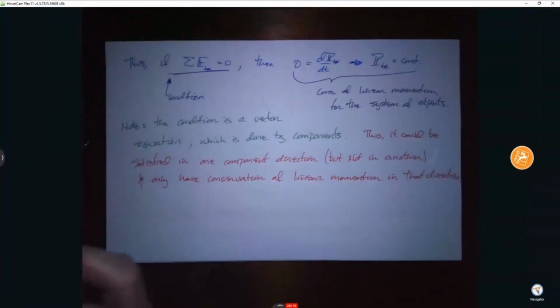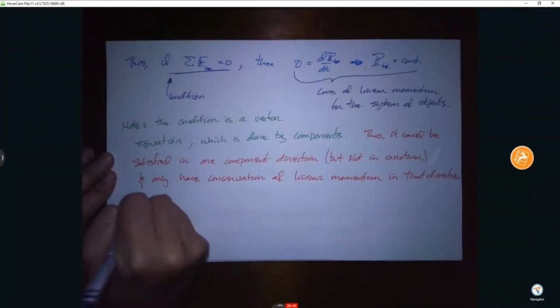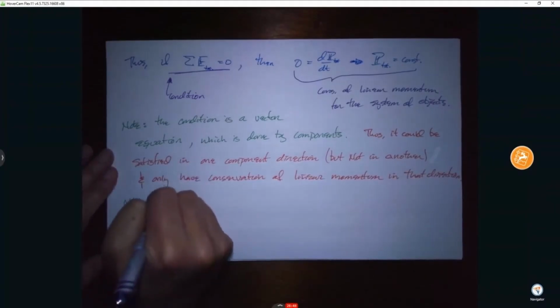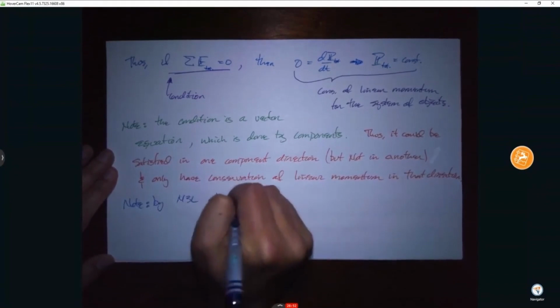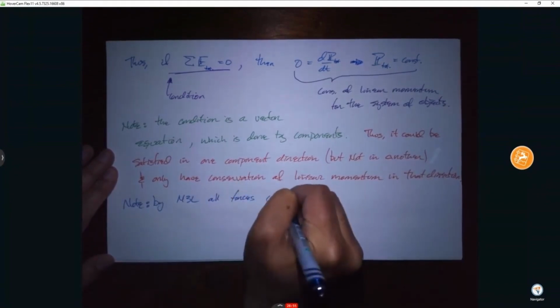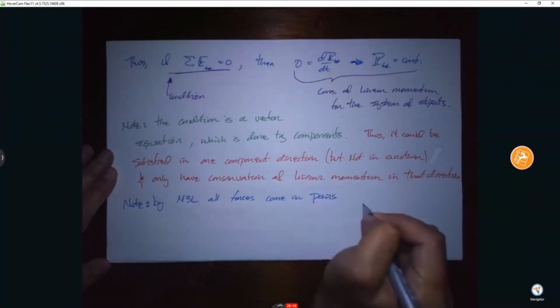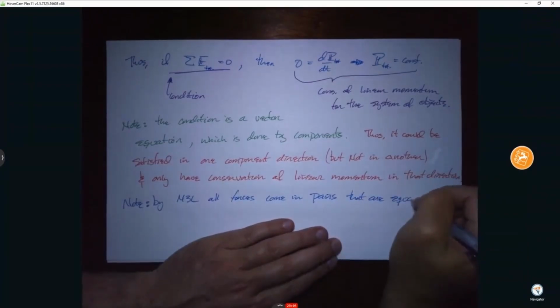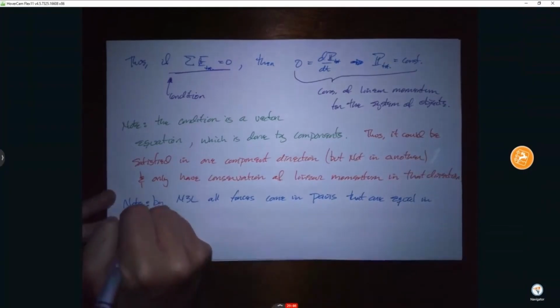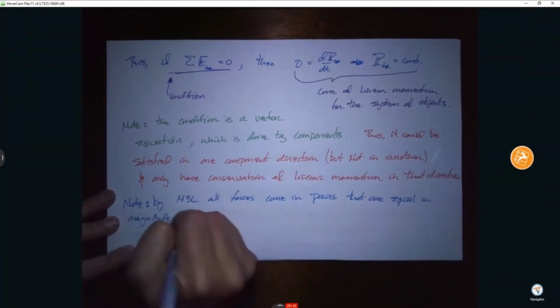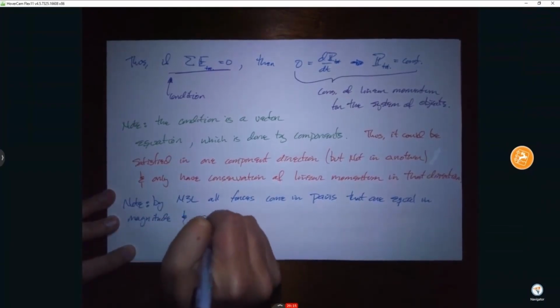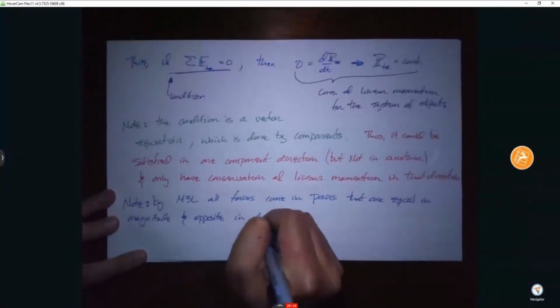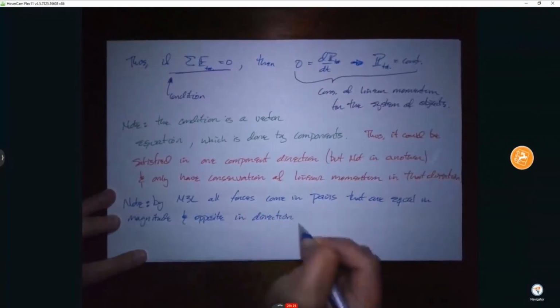Good. With Newton's third law, we stated that all forces come in pairs that are equal in magnitude and opposite in direction.